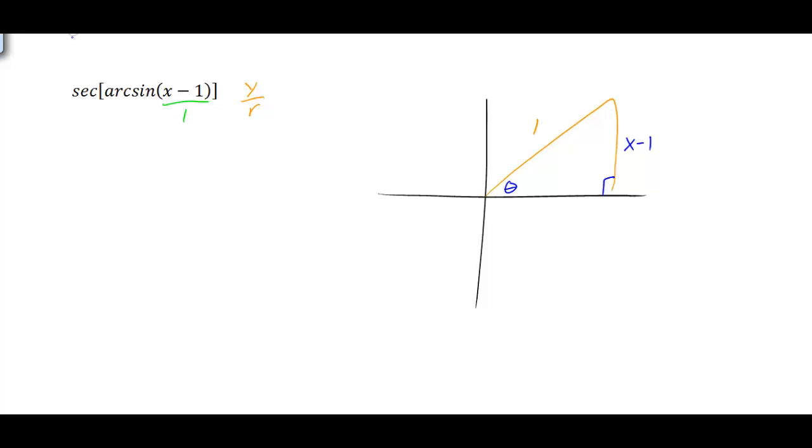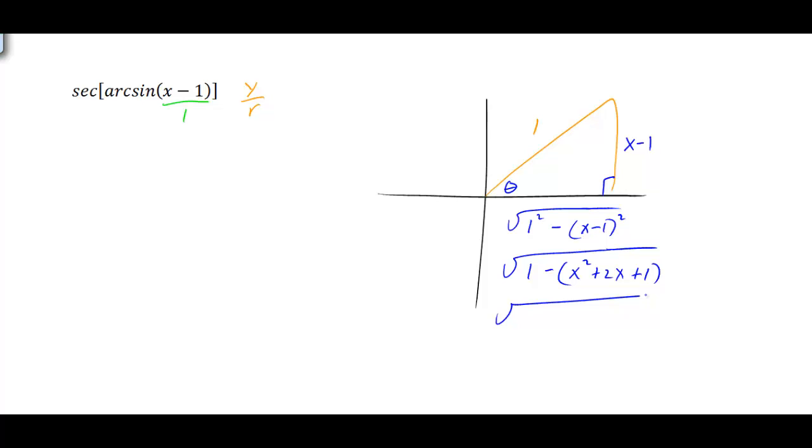And once again, we can use the Pythagorean Theorem. So that's going to be a squared plus b squared equals the hypotenuse squared. So that means we're going to take the square root of 1 squared minus x minus 1 squared. And if we do that, we'll have 1 minus x squared plus 2x plus 1.